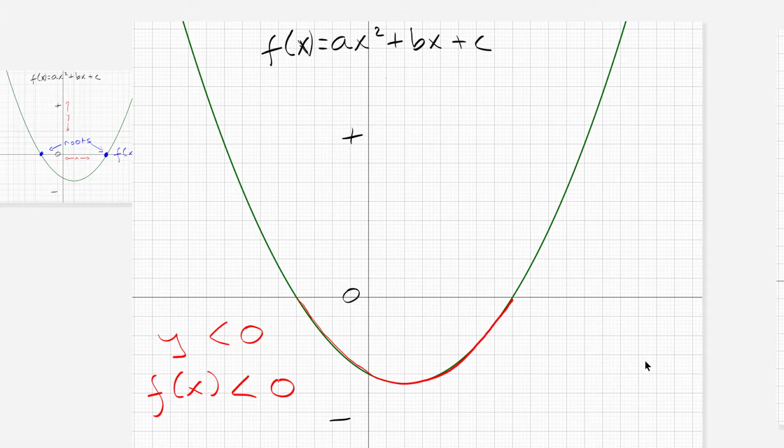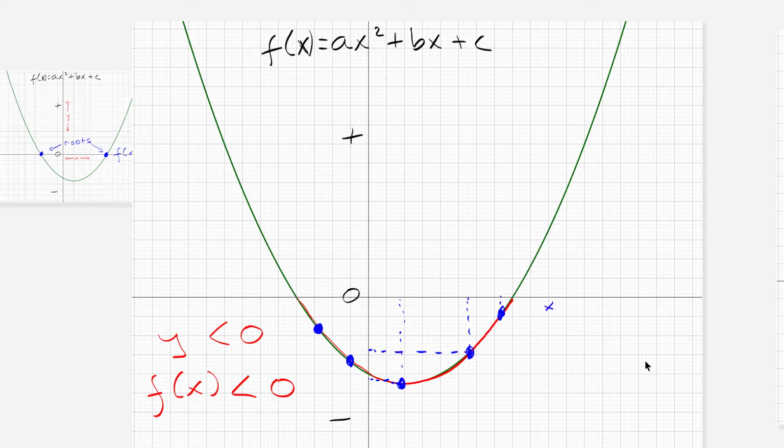Now, if we examine this part of the function, there's an infinite amount of points along here, but let's just pick a couple of them. I'm just going to highlight a couple of points along this part of the function that is less than 0. As we already know, every point has a specific x value and a specific y value.